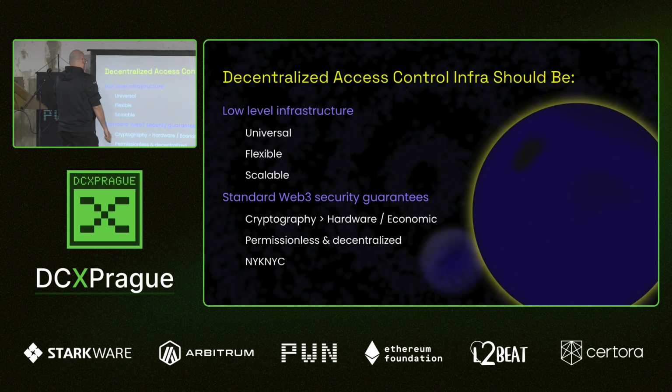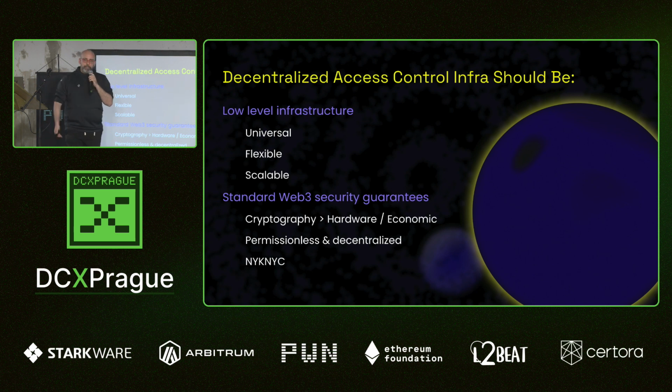The other very important thing is that you need to uphold the standard Web3 security guarantees. So one of those, or let's call them security principles. One of those very important principles is that cryptography or cryptographic security is superior to, let's say, hardware-based or economic-based security, right?